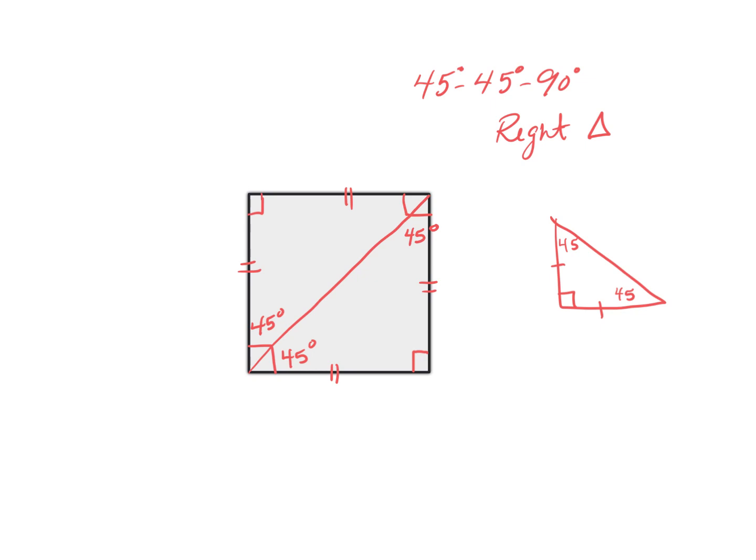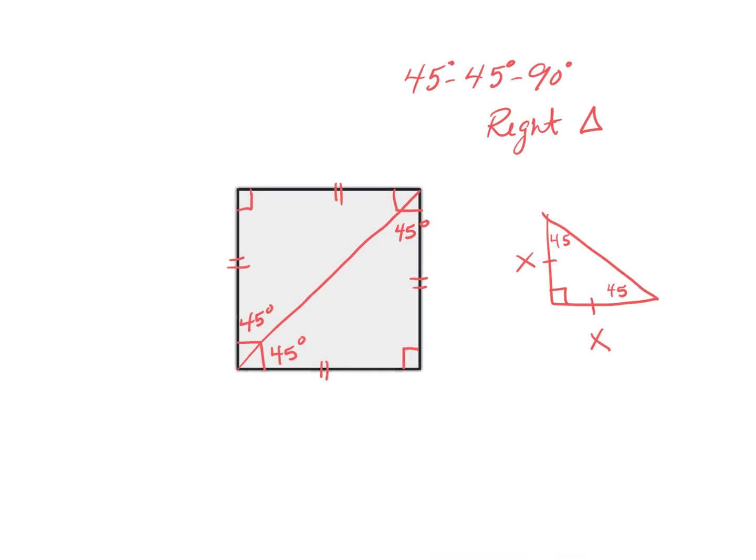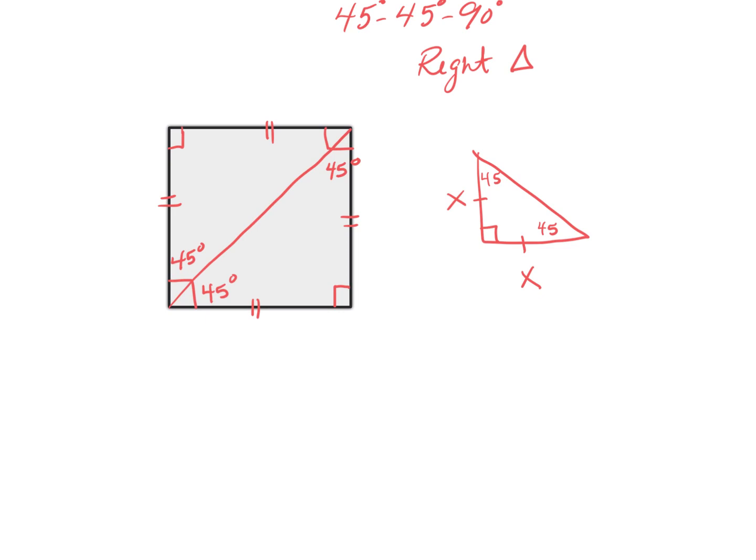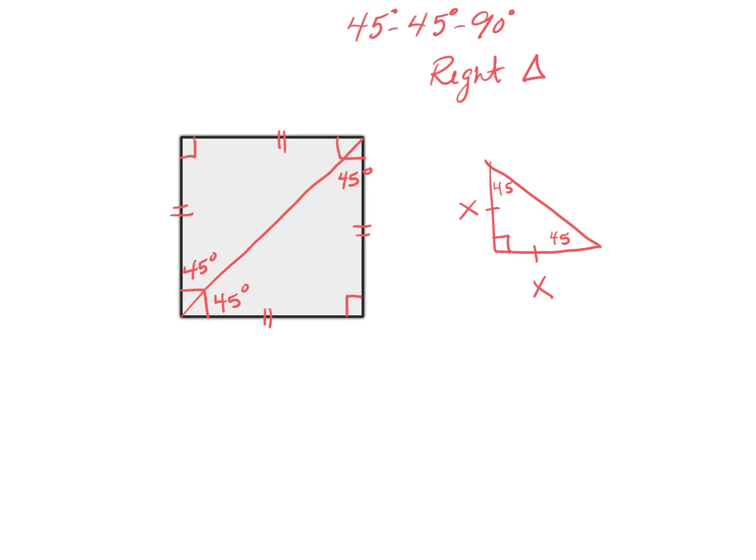And on your MCAS reference sheet, it is referenced by using the variable x. Okay. To find the length of the hypotenuse, which I'll just call h for now, okay?